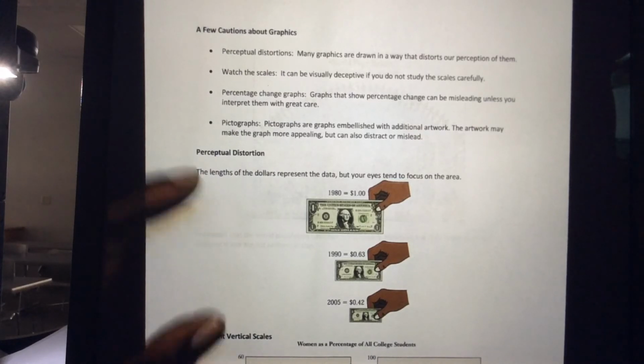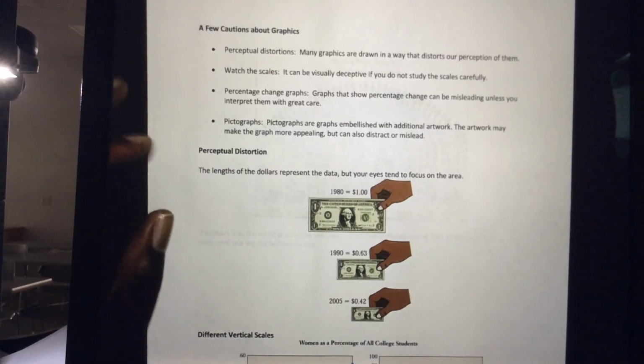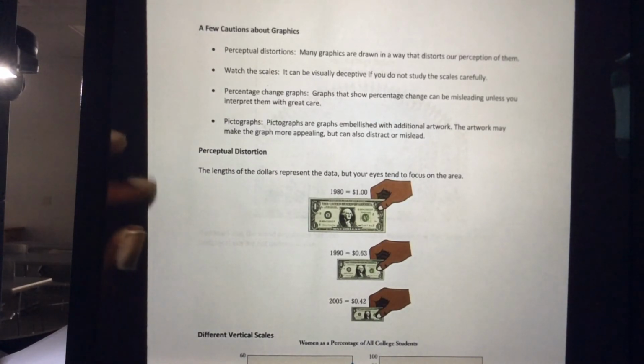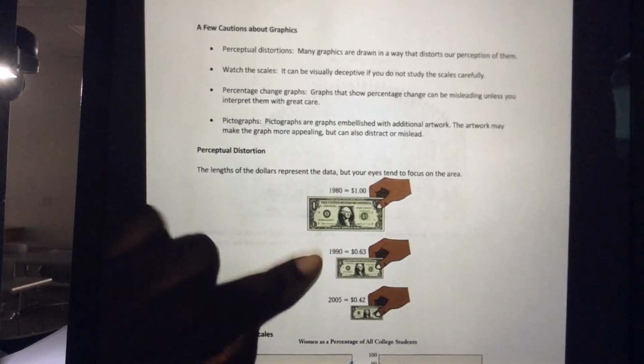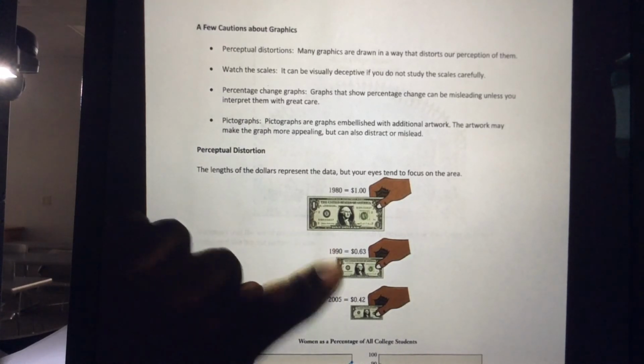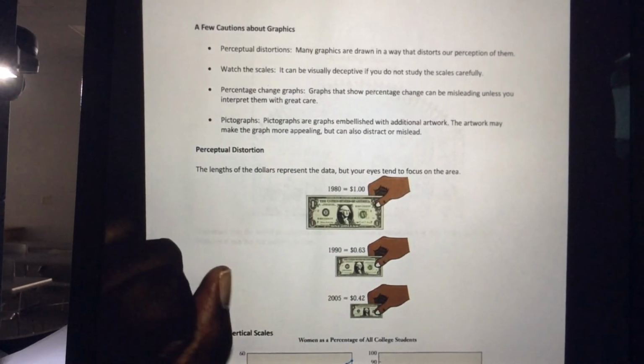Okay, so here's a perceptual distortion. For example, here, the lengths of the dollars represent the data, but your eyes tend to focus on the area. Here you can see it may represent that data, but if you look at the area, it can be deceptive.